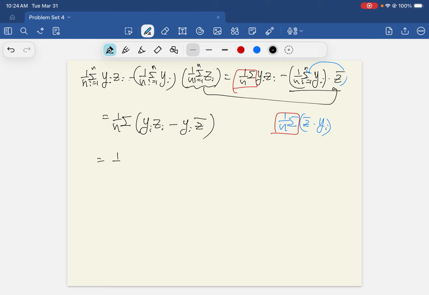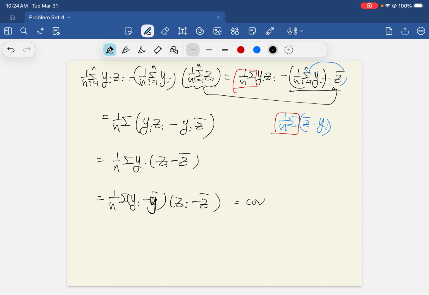So it is yi times zi minus z bar. And then also you can show that it is y and zi minus z bar. So that is the sample covariance between z and y. And of course you can do the same thing for x and z in the denominator.